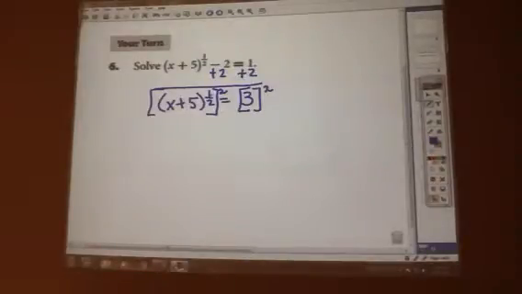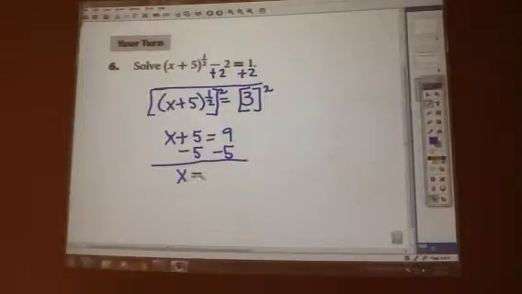Alright, so when I have a power to a power, I multiply those powers, and that's 1, so that just leaves me on the left side just x plus 5. And then I square the right side, which is 3 squared, which will be 9. Subtract 5 from both sides. X equals 4.